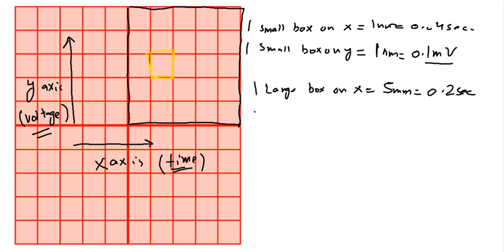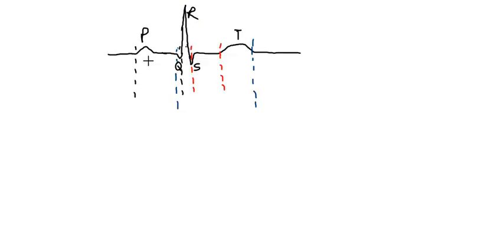And one large box on y is equal to 5 mm, but 0.5 millivolts.